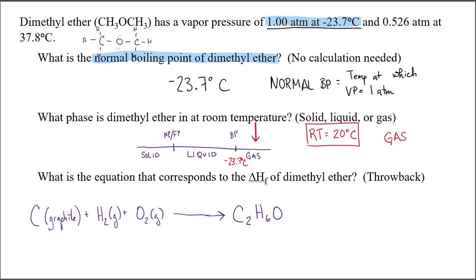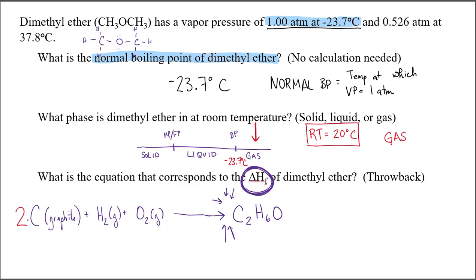So now we have all of the elements that form our product. Now we balance it. We cannot change the coefficient in front of this because we are saying that it is the delta H of formation. Delta H of formation is always 1 mole. This is the only time you can use fractional coefficients.